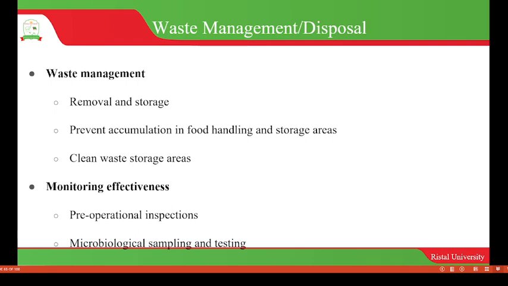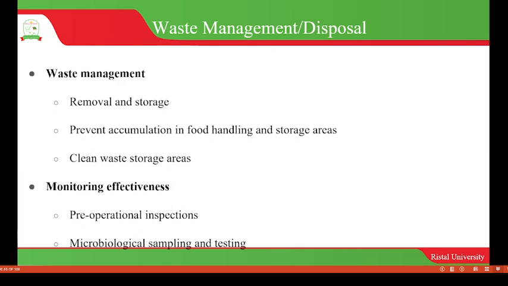Another important area covered by good manufacturing practices is waste management or disposal. Under this, we have to ensure that removal and storage of waste is done properly.